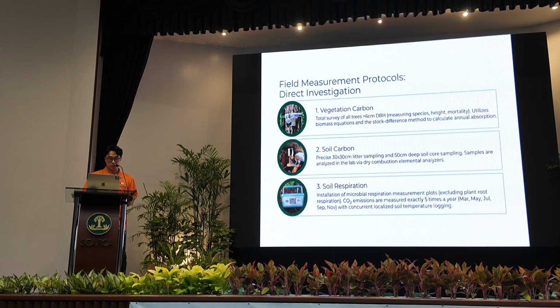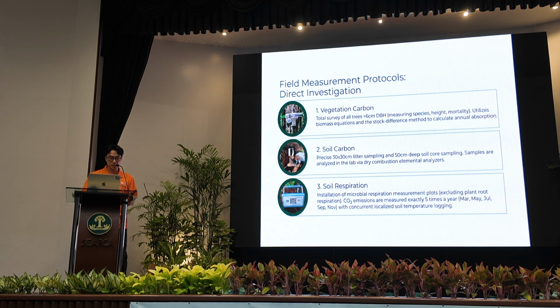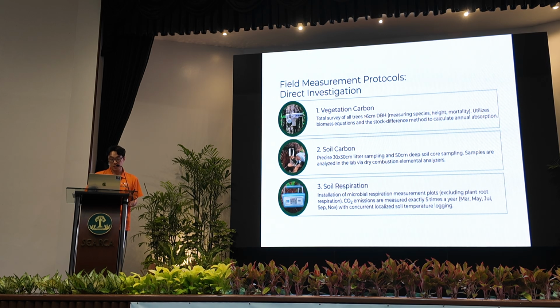Number two, soil carbon. We conduct litter sampling in a 30 by 30 centimeter area, and we extract 50 centimeter deep soil cores. The samples are analyzed via dry combustion elemental analyzer.